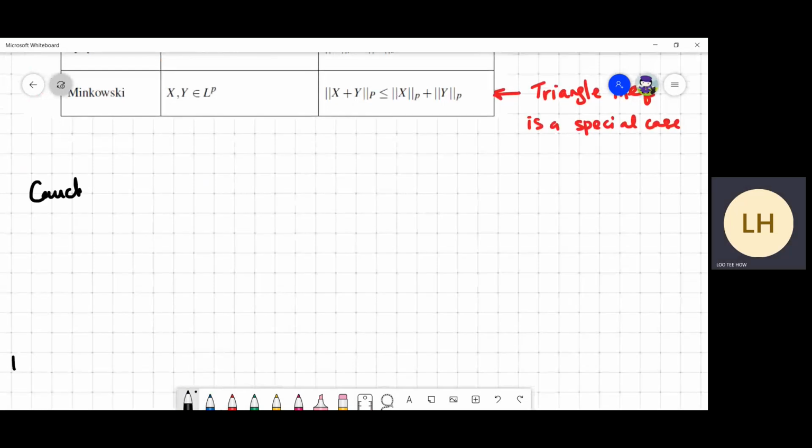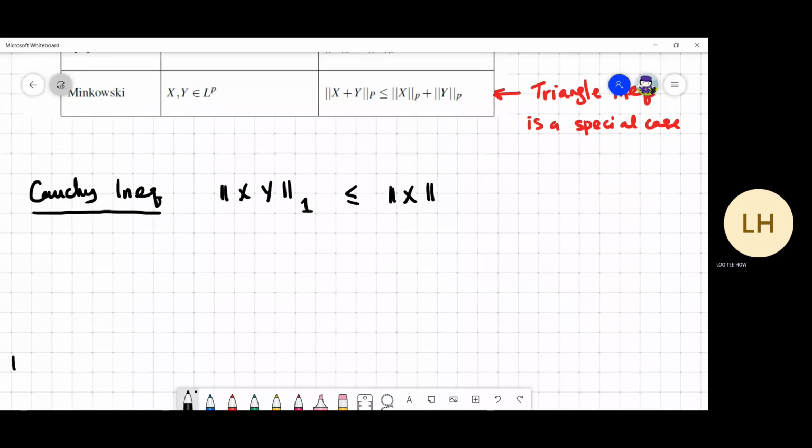This is the Cauchy inequality, or Cauchy-Schwarz inequality. That is, the first norm of xy is less than or equal to the second norm of x multiplied by the second norm of y. If you want to use the standard notation, the first norm will be E of xy.